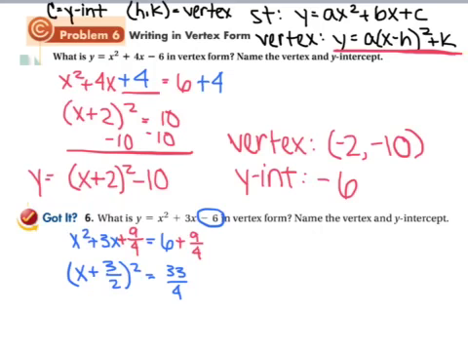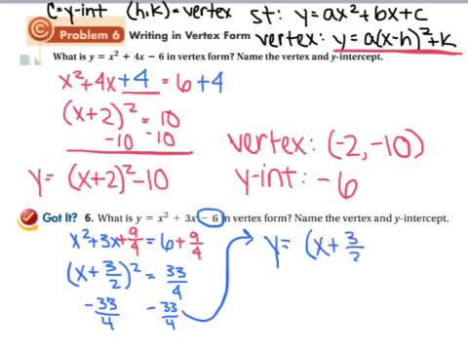Or 8 1/4, 8.25, however you want to write it. I want this to be in vertex form, so I'm going to move that 33 over 4 back over to get y equals x plus 3 over 2, quantity squared, minus 33 over 4.